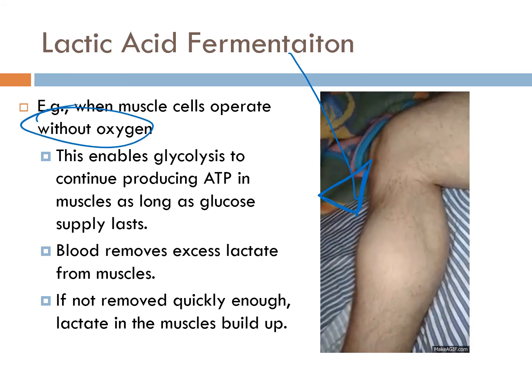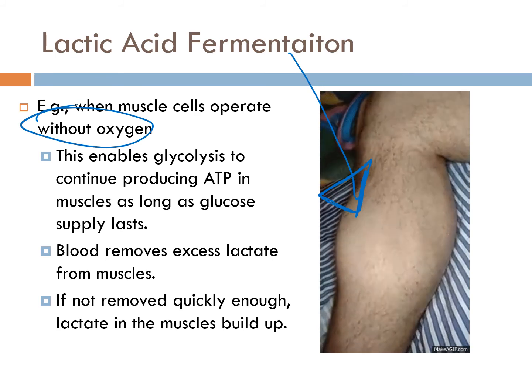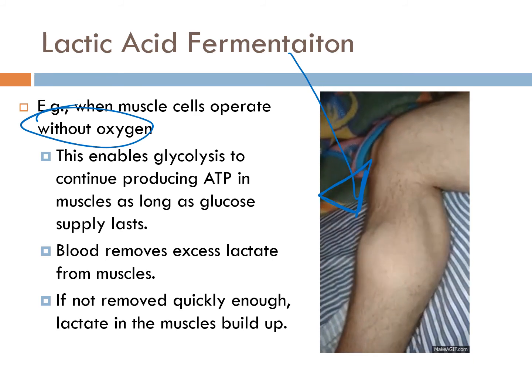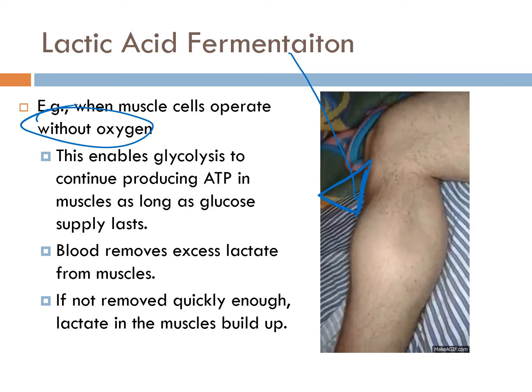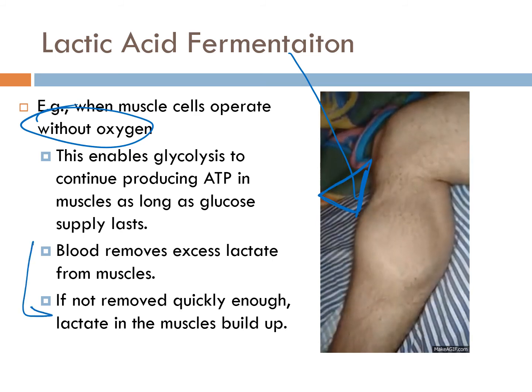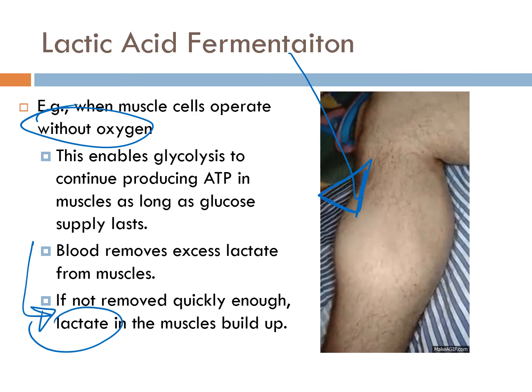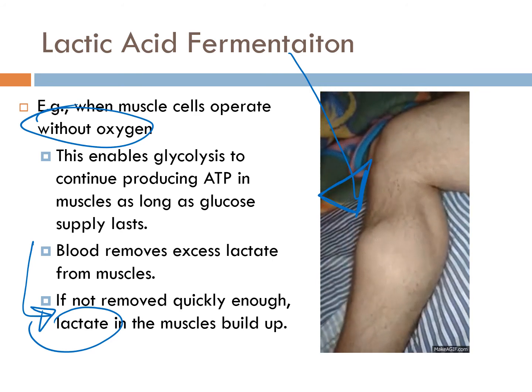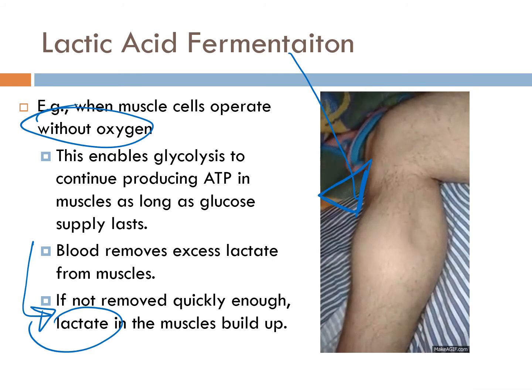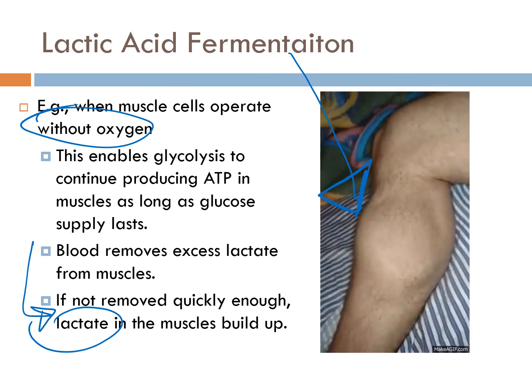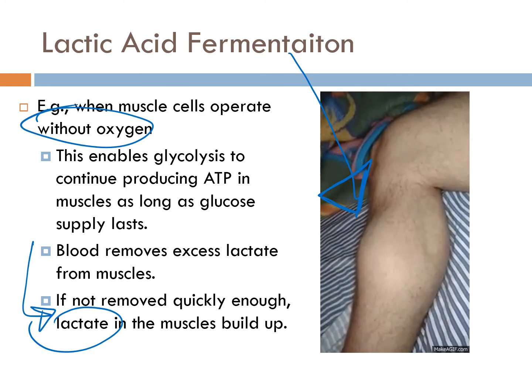Blood normally removes excess lactate or lactic acid from muscles. If it's not removed quickly enough, this builds up. That leads to the cramps that you feel, especially after working out, because you're depleting that supply of oxygen in that area.